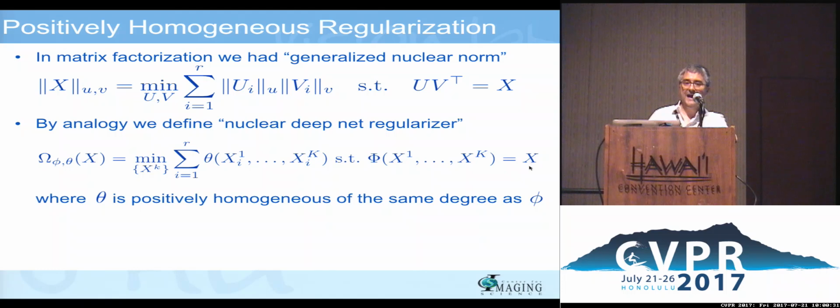Similarly here, given the output of a network, find the weights that produce that output. Any choice will do, and the choice is not unique, and there might be many of them, in the same way that there are many factorizations here. Among all possible choices of weights that generate that X, select those that minimize something like that, sums of products of weights. So in particular, or more generally, any positively homogeneous function of those weights will do the job.